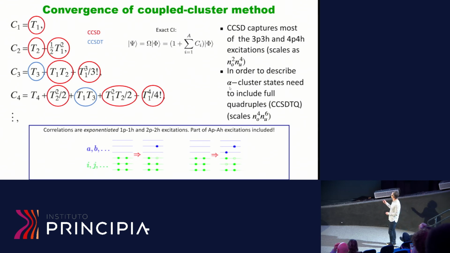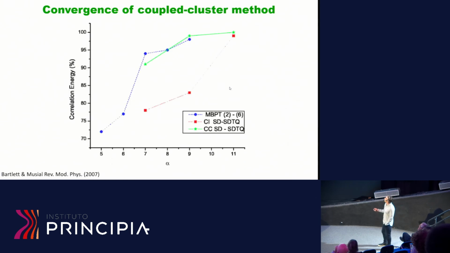It scales like what we call n to the 10th in system size, or occupied to the 4th and unoccupied to the 6th power in the basis. So this is really heavy lifting, and we have not yet developed technology to deal with these kinds of calculations. This is from the quantum chemistry literature, showing you the convergence pattern.